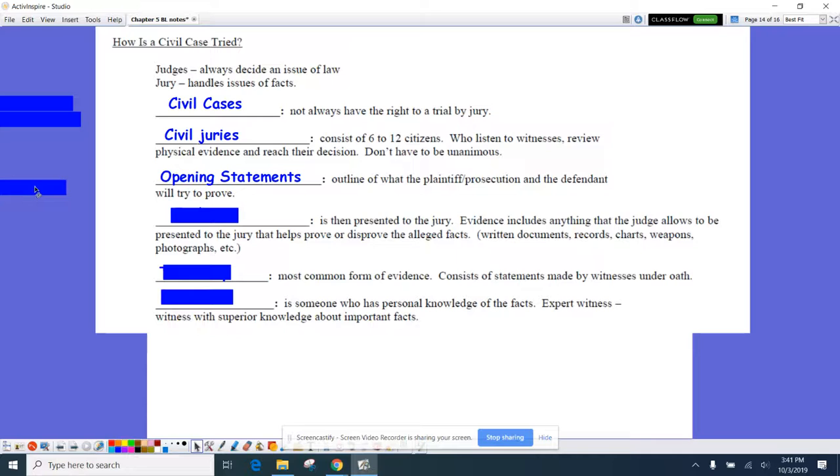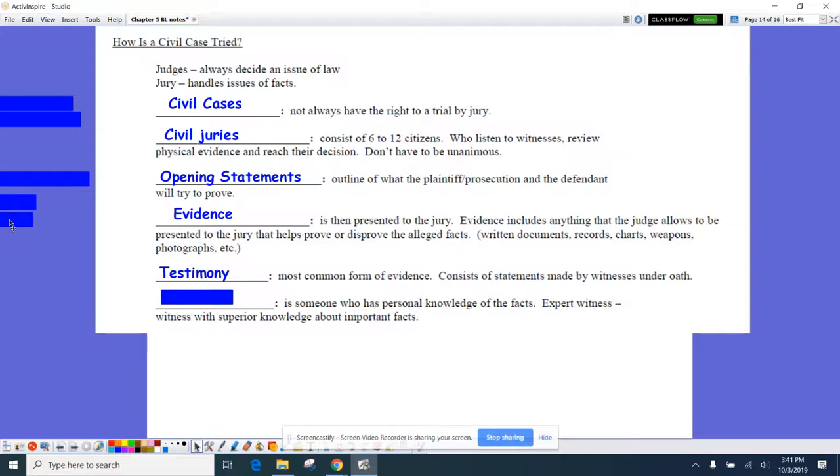As in most court cases, you'll have opening statements. This is basically an outline of what the plaintiff and the defense hope to set out to prove. There's evidence that's going to be handed out. This could be anything from written documents, records, charts, photographs, and doctors' reports, all of which can be submitted as proof.